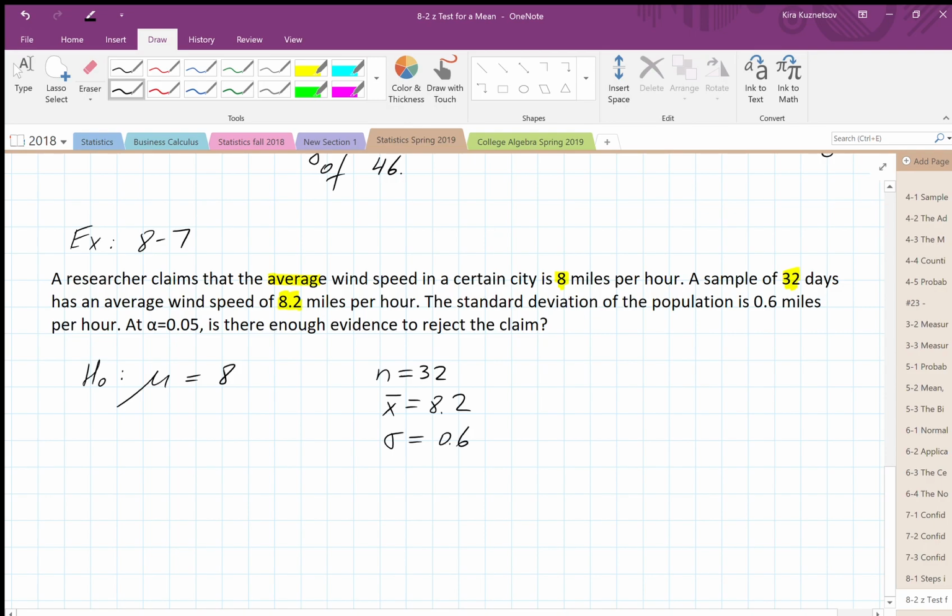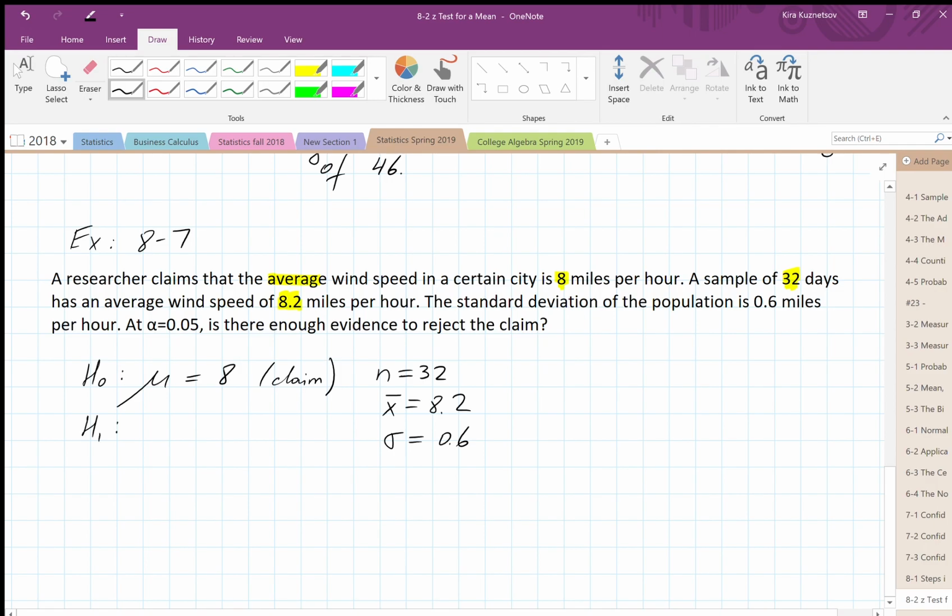Is there enough evidence to reject the claim? What are we trying to claim? The researcher claims that the average wind speed is 8 miles per hour. So he's trying to claim that it is equal to 8.